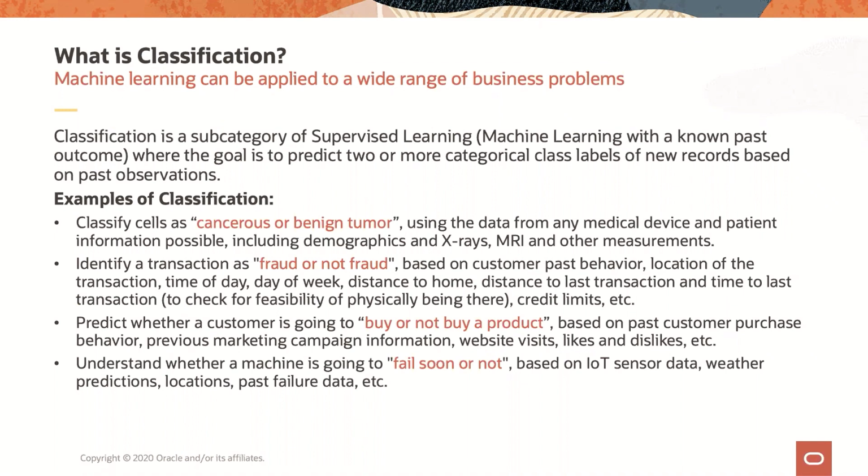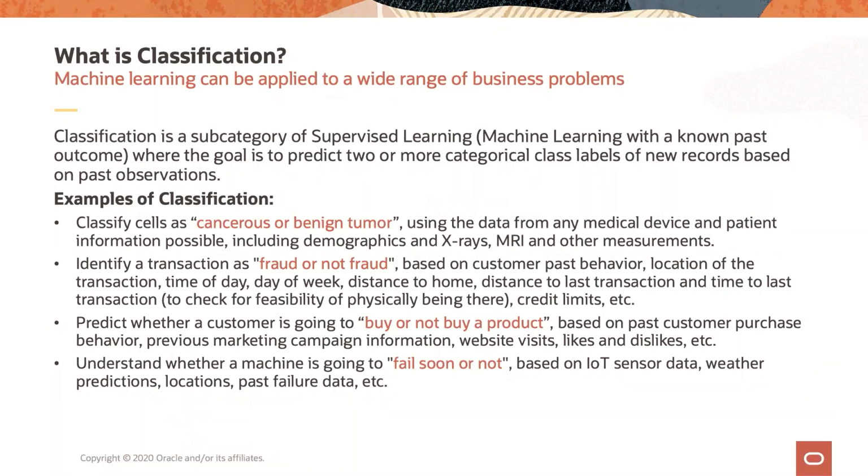A few examples of those: classify cells as cancerous or benign tumors, using data typically coming from medical devices and patient information and whatever you can grab, X-rays and MRIs and different types of measurements. And we're actually going to see a few examples of that specific type of problem.